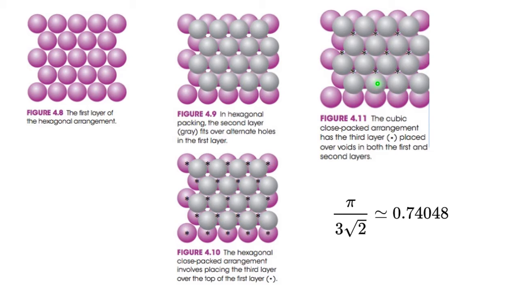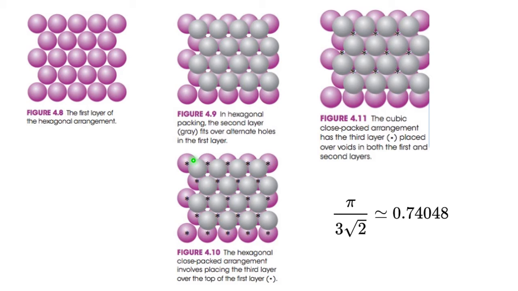Now you have options where to put the third layer. If you are putting them above the empty places, the voids of the first, you'll get cubic close packed. If instead you are putting next layer above the first layer exactly, you'll have hexagonal close pack.